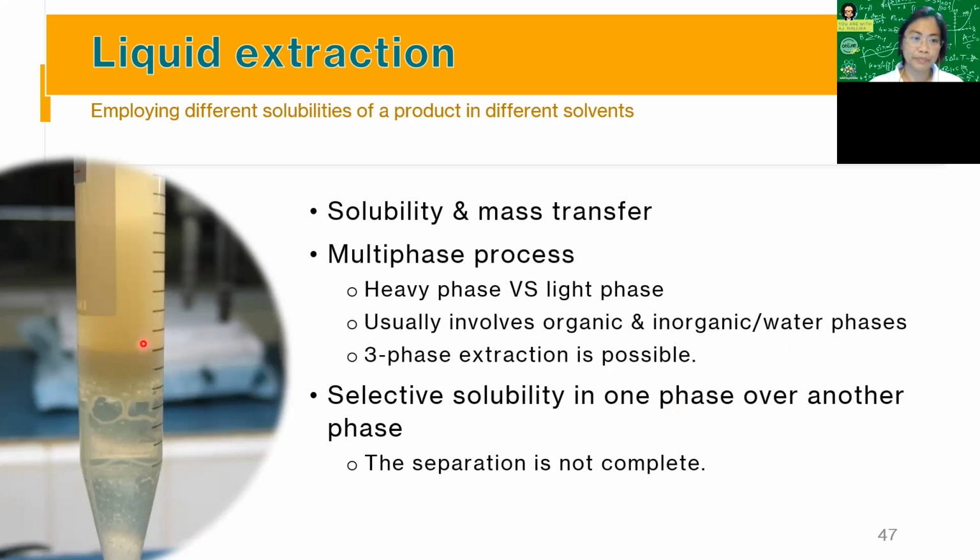For example, you have two phases like this, and if your product is initially in the bottom phase, when you add the top phase, mix them and they separate into two phases, there's going to be a little bit of your product left in the initial phase, but most of it will go to the phase that you want to extract it into. So it's not a total separation. You still lose some of your product in the original phase as well.